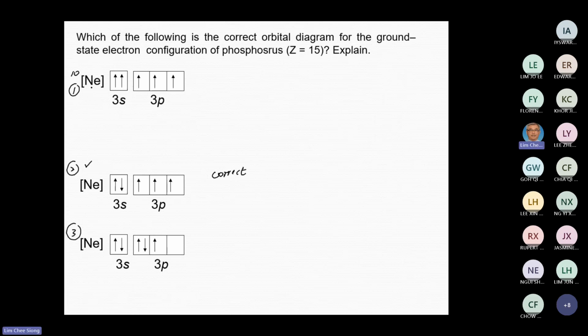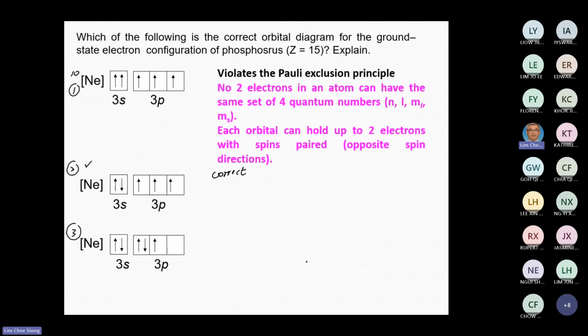Okay. Now, number 1. What is the rule that the answer goes against? Pauli, Hund, or Aufbau? Anyone can tell me? Pauli. Agree? Let me see the answer. Yes, Pauli exclusion principle.